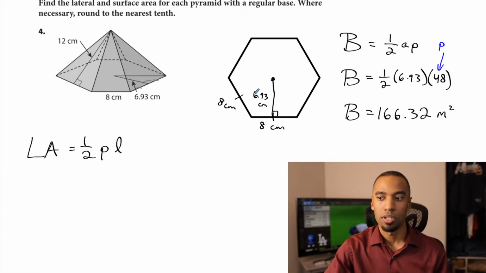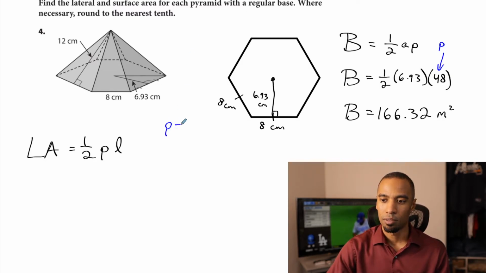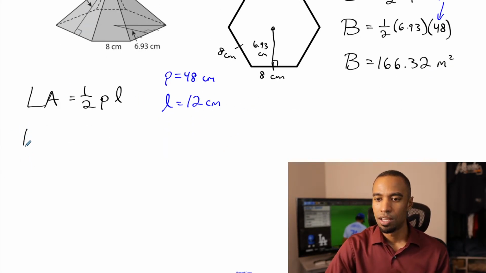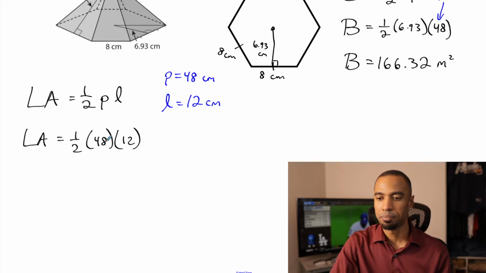We already got that number. It's not hard to get again. When you use it once, just recall and substitute back in. The perimeter is 48, and the slant height is marked right here. That's 12 centimeters. So the lateral area will be 1/2 perimeter times slant height.